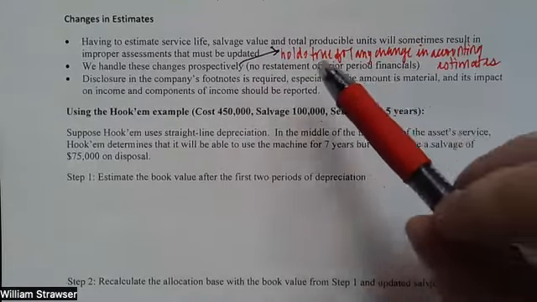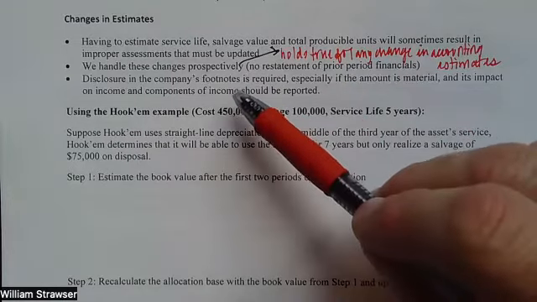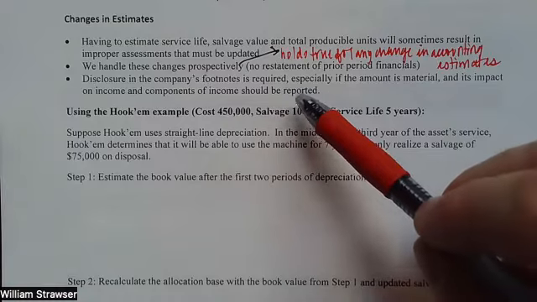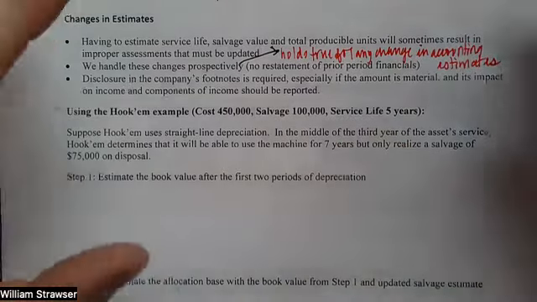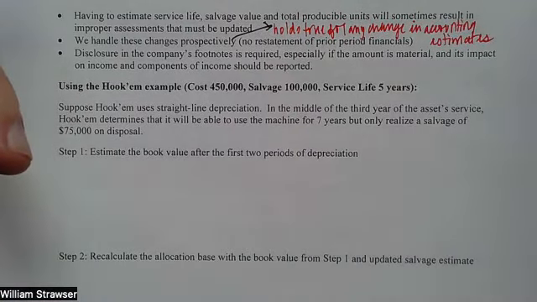And then we need to talk about what the impact is on the income statement and where it fits into having an effect on this year's income. So for depreciation, it would certainly be disclosed in the PP&E footnotes.